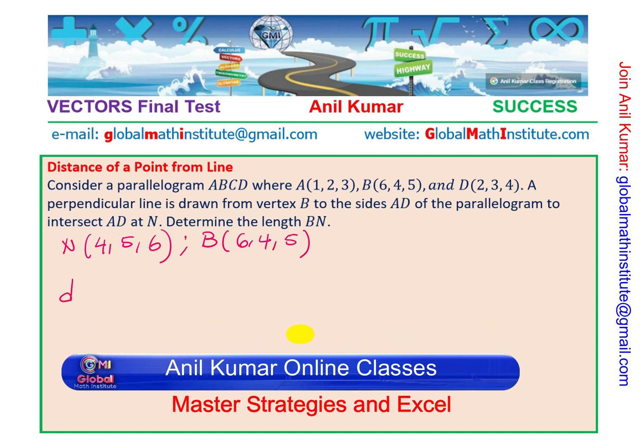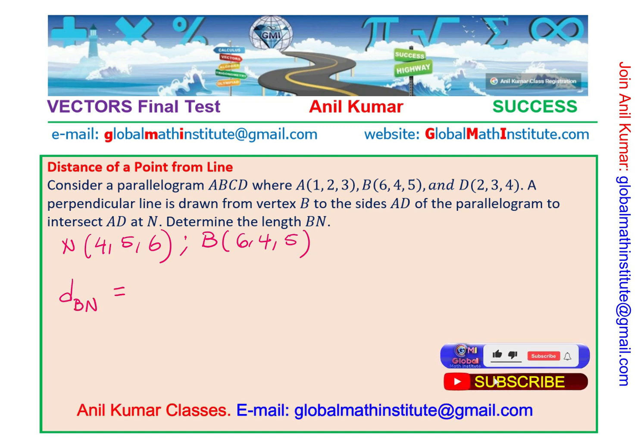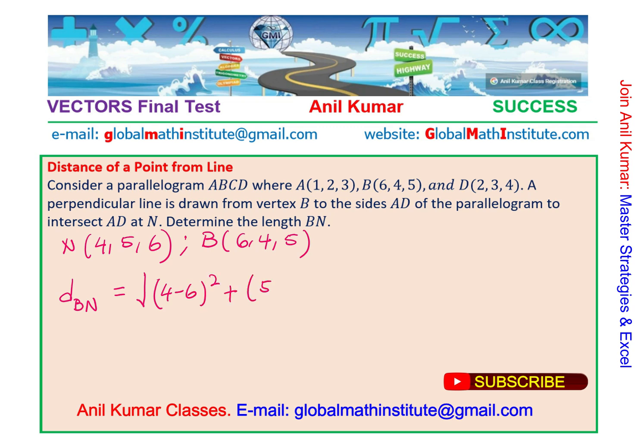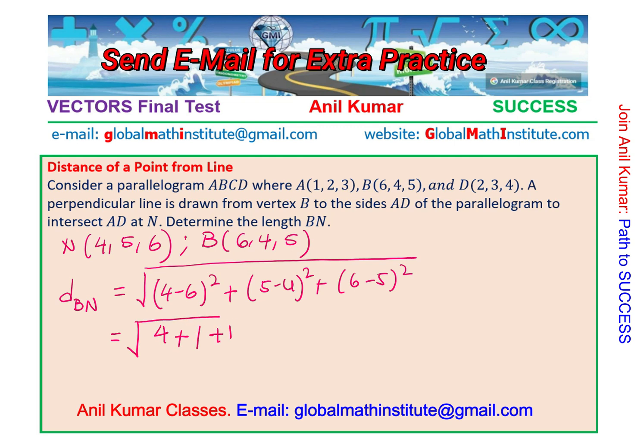And therefore, the distance BN, which is a scalar quantity, is the square root of (4 minus 6) whole square plus (5 minus 4) whole square plus (6 minus 5) whole square, correct? Which is the square root of 2 square, which is 4, plus 1, plus 1, which is the square root of 6.